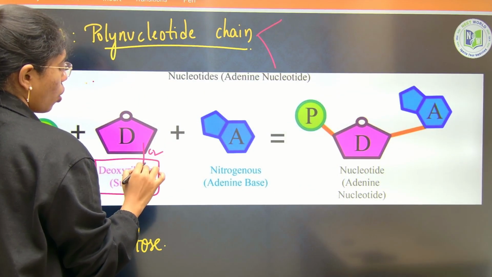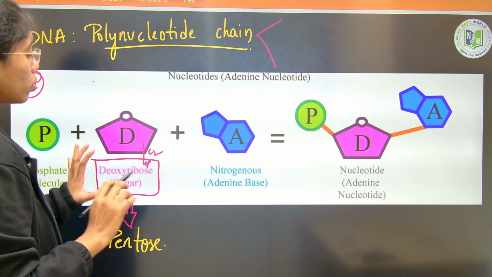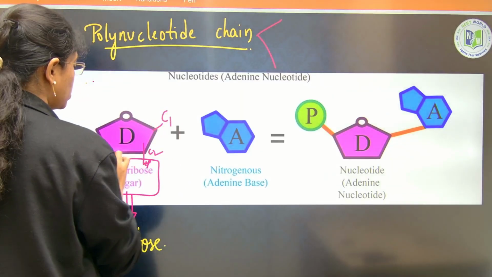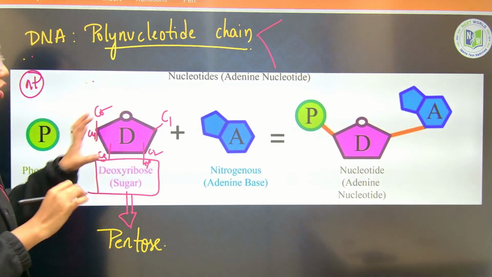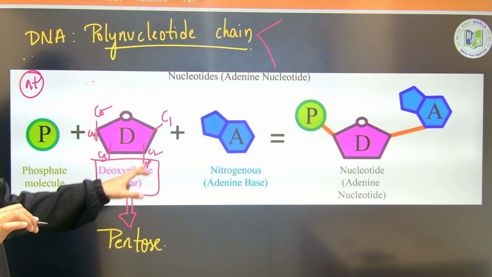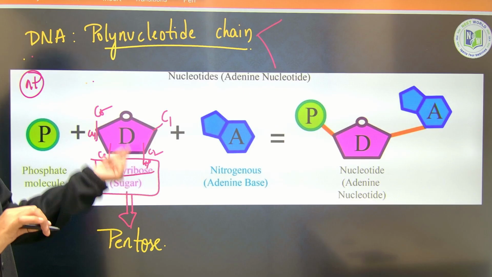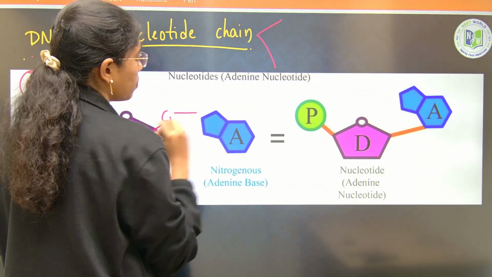This pentose sugar has 5 carbons, C1, C2, C3, C4 and C5. At the second carbon there is no oxygen group, that is why this is known as deoxyribose sugar. To the first carbon, the nitrogen base is attached.